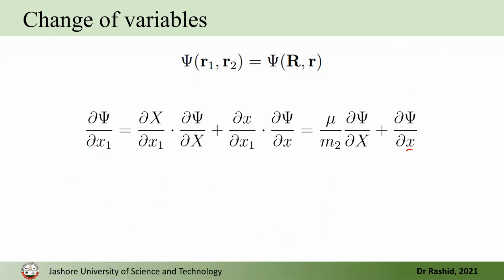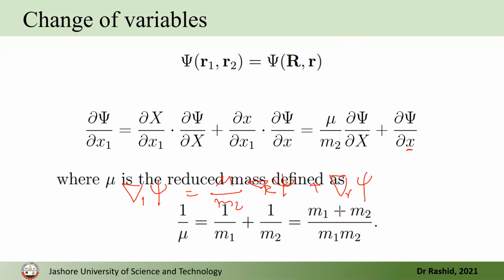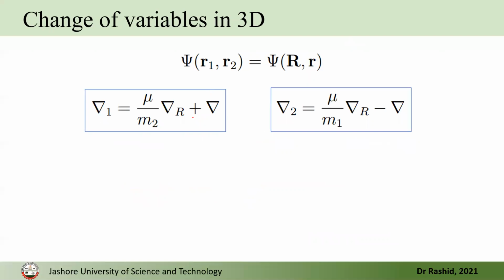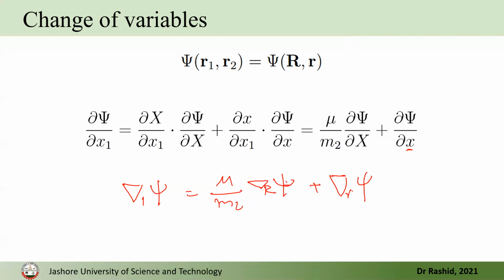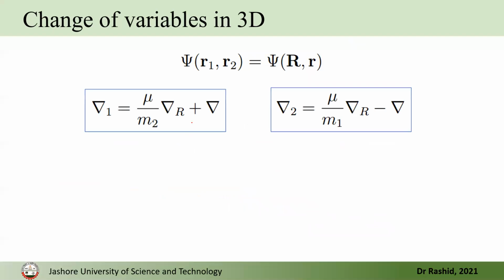If we write in terms of nabla, we will have nabla1 psi equals mu by m2 nabla in terms of capital R psi, plus nabla in terms of small r psi. We dropped the r subscript because it is no longer required. Usually when we write nabla, that is for small r.